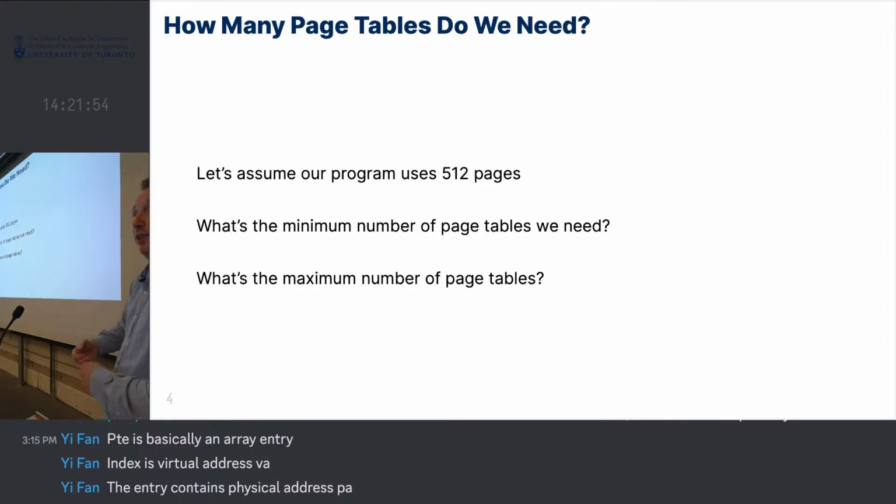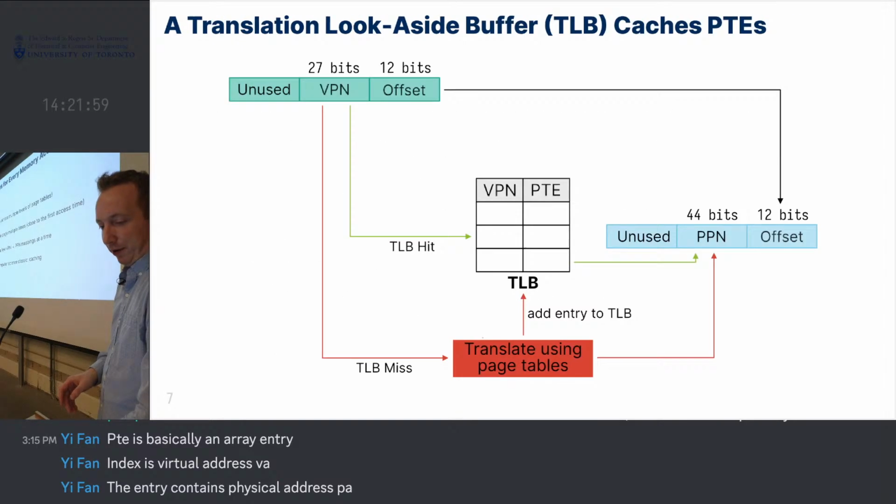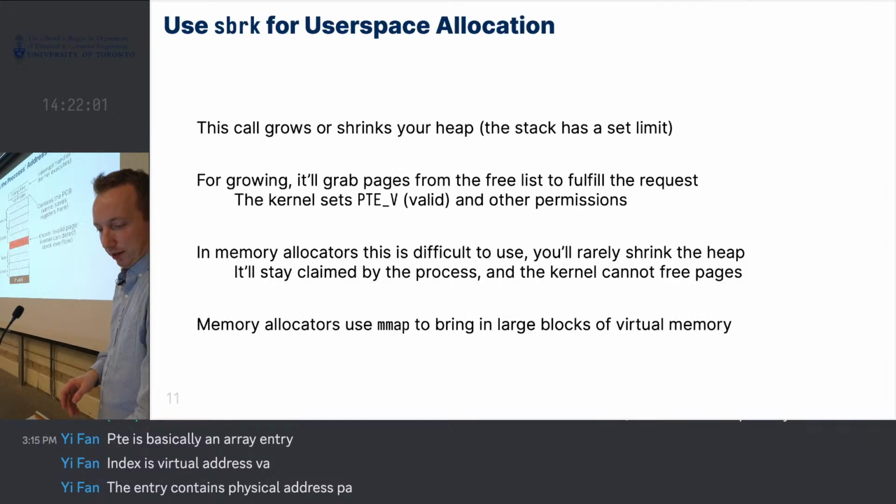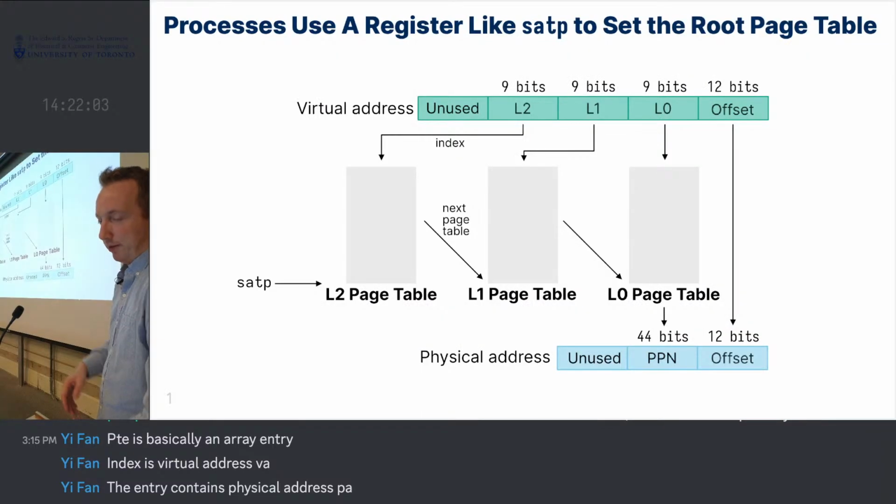All right, can I do it with 1 page table? Assuming our 3-level page table, I'm assuming this is our system. So can I do it with a single page table?